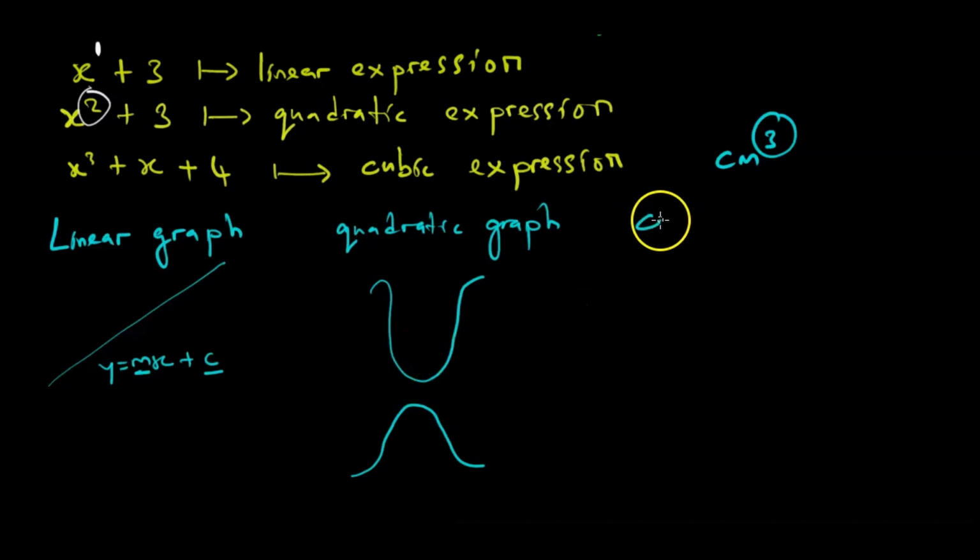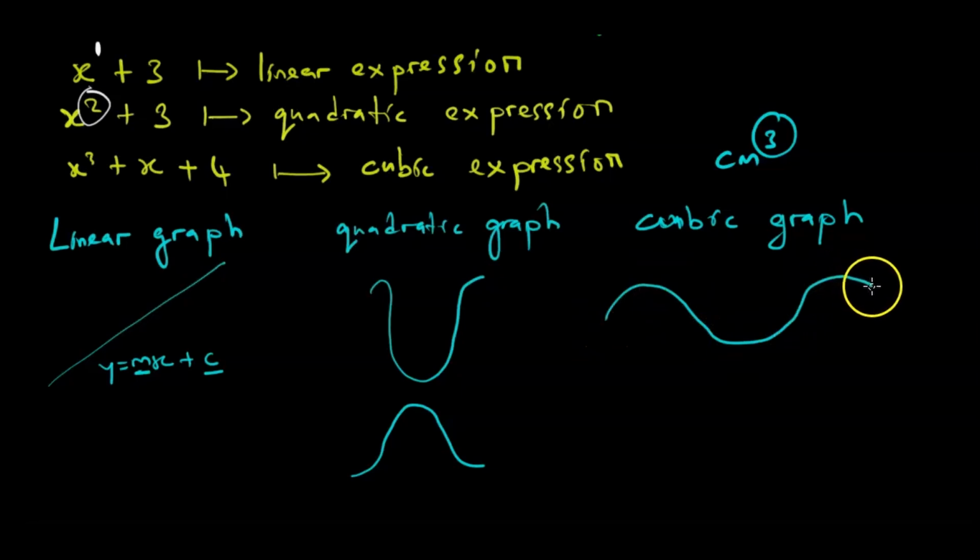Then lastly, when we look at the cubic expression, giving us the cubic graph, we now have graphs like this, which can also be drawn like this, depending on the expression.